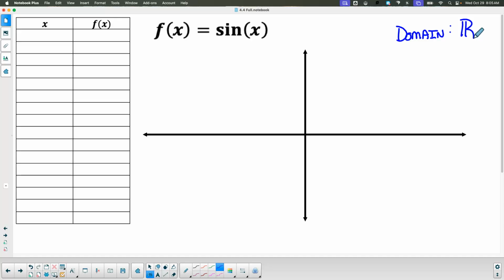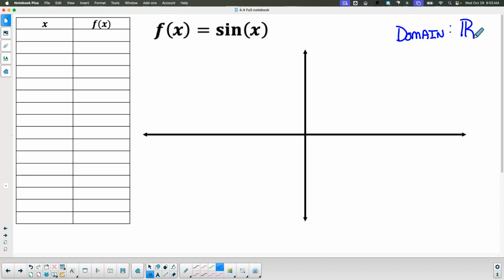So the domains for sines and cosines are all real numbers. It's the only two that the domain is all real numbers. The other four, tangent, cotangent, cosecant, secant, have restrictions. They have spots where they're dividing by zero, so they can't happen. So, let's start with working out the sine function.